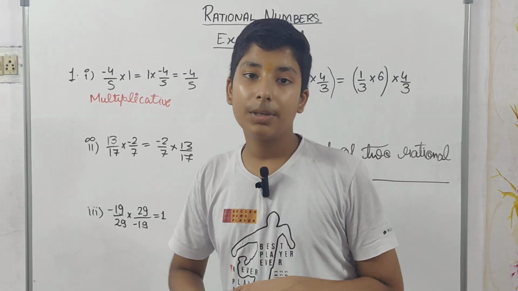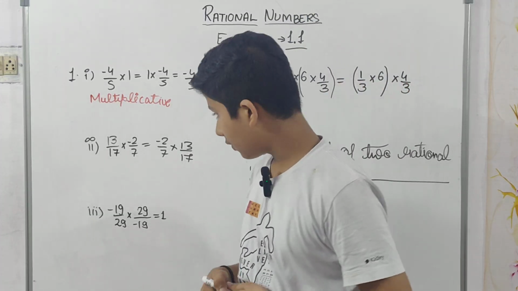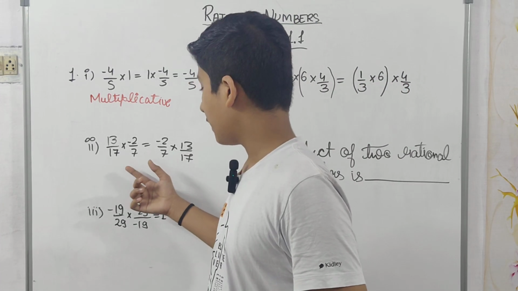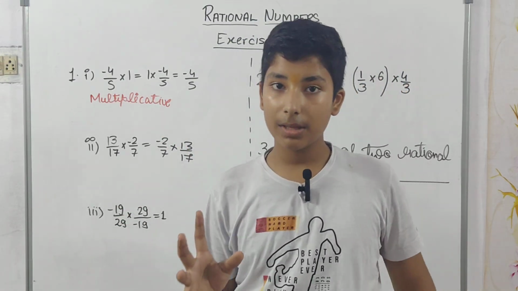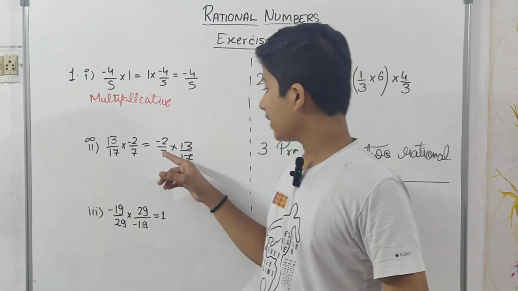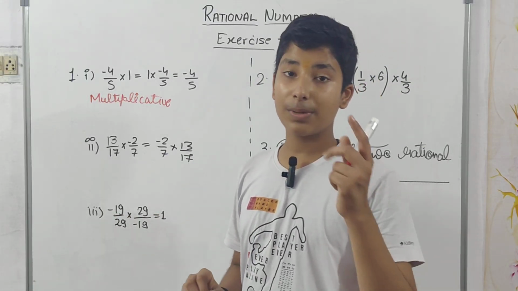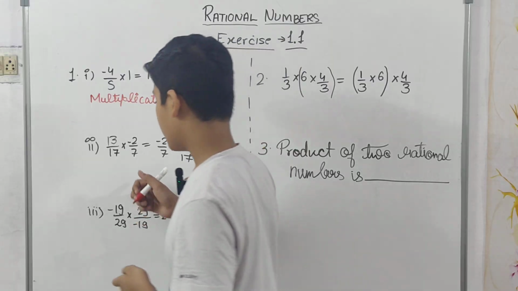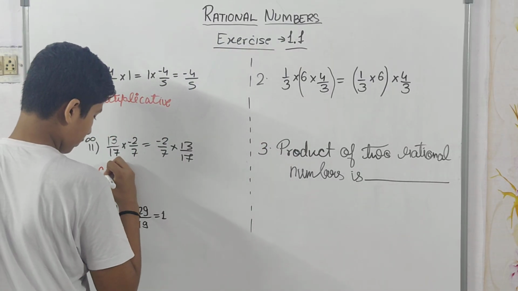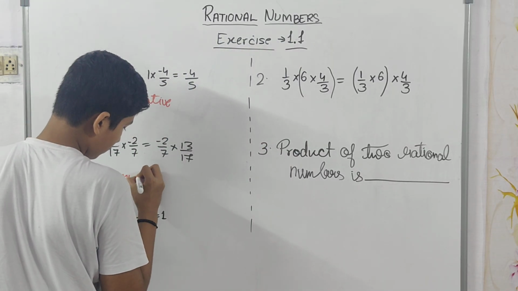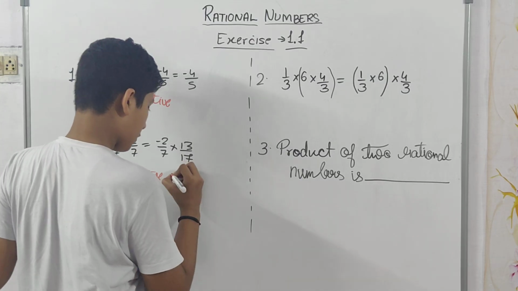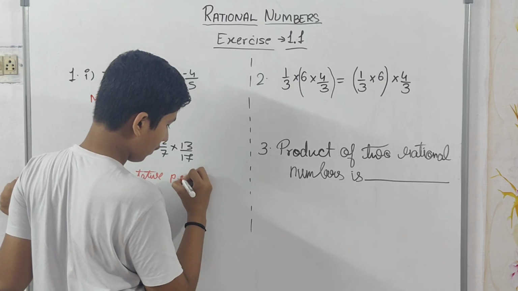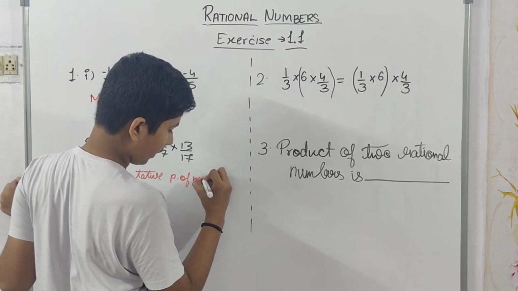You cannot convert them into multiply. When you change the places or the order but the result remains the same, this is known as commutative. Since it is in multiplication, it would be the commutative property of multiplication.